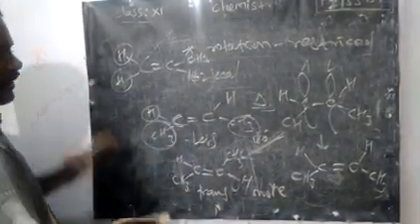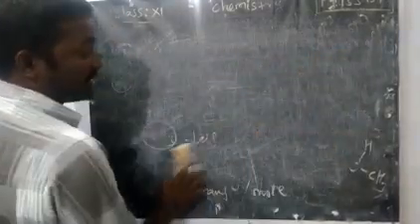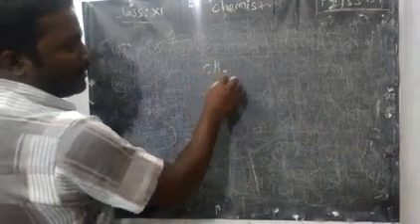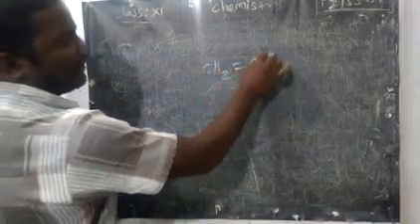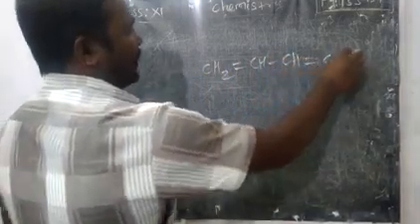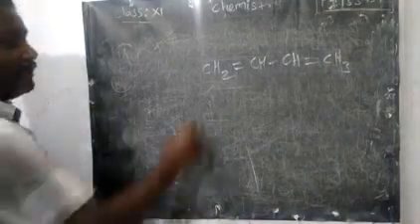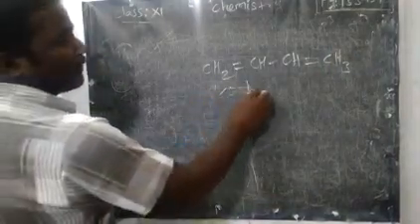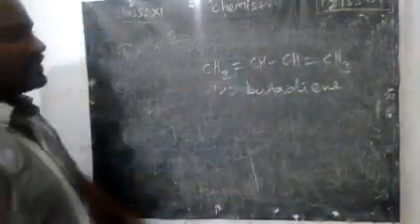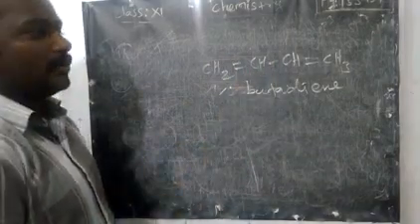Then they are saying not only restricted rotation of a double bond, restricted rotation of a single bond is also possible. As I told you previously, it is possible with 1,3-butadiene. Why is this called 1,3-butadiene? The first and third carbons have double bonds, two double bonds, so diene. This is possible based on single bond rotation, restricted rotation.